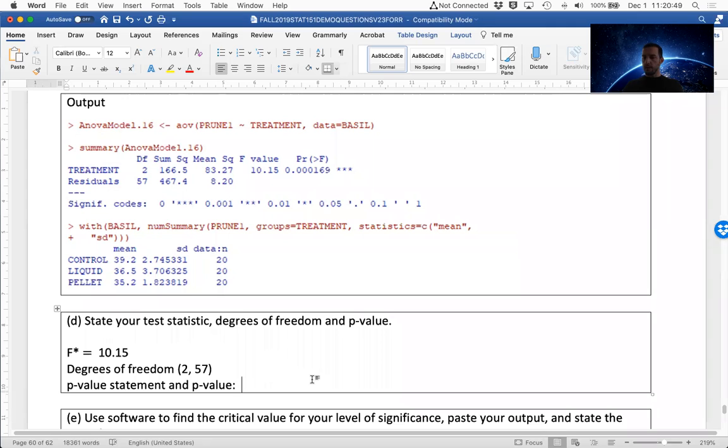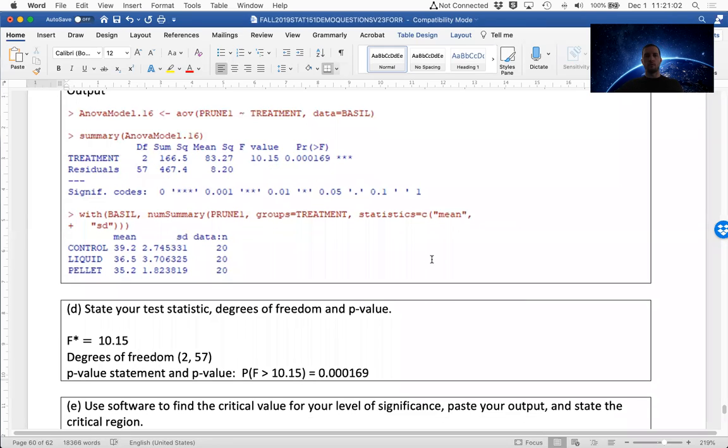The p-value here is 0.00169. And the p-value statement is going to be P(F greater than 10.15) equals 0.00169.